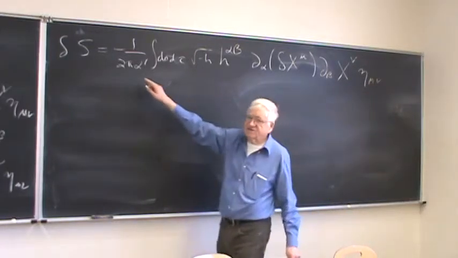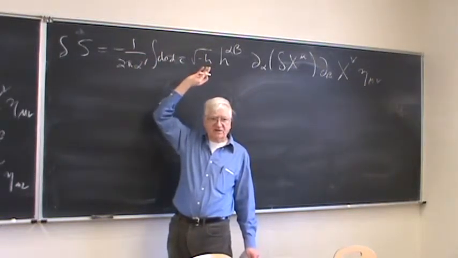The reason why 4 went to 2 is that you could vary one or the other, and it's symmetric.